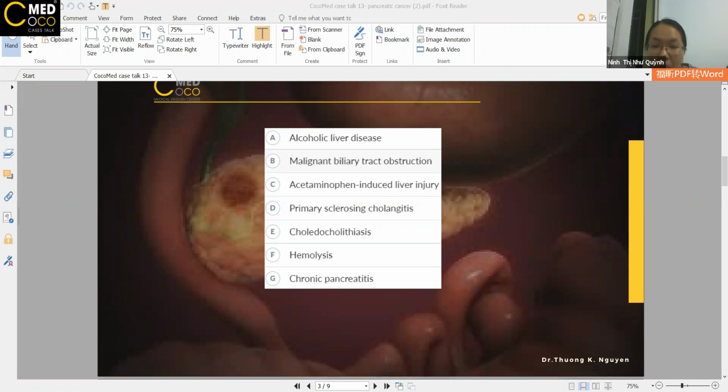Cholangiocarcinoma. That's a very strong association. They asked that on Step 2. So cholangiocarcinoma, PSC, and ulcerative colitis are like three things that always go together.